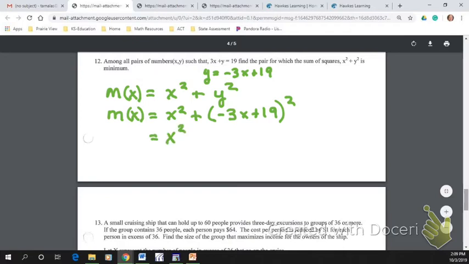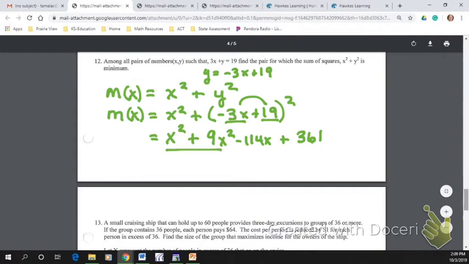So if I square the first one, what's negative 3x times negative 3x? 9x squared. If I square the last one, 19, what's that give me? 361. And now, if I multiply these two together and double them, 3 times 19 is 57. Double that, you'll get 114. So negative 114x plus 361.